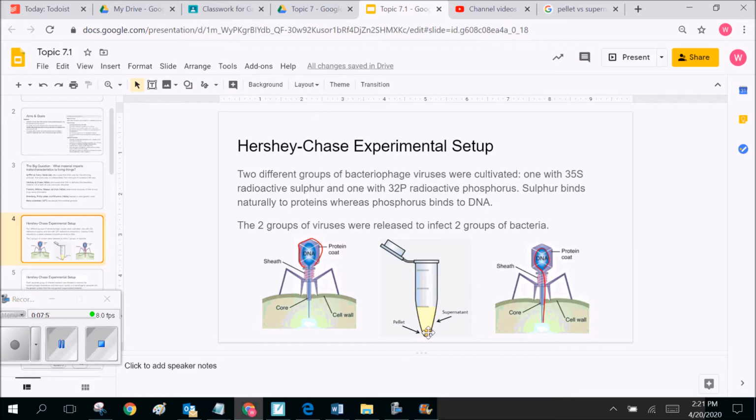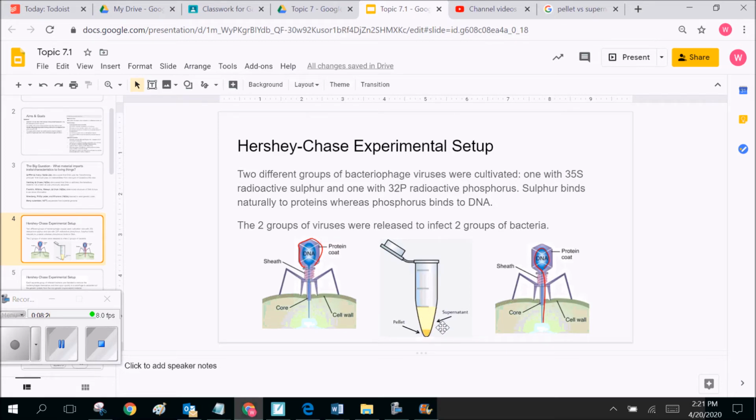All the infected bacteria cells collected at the bottom of the tube, and all the liquid containing the viruses and any other things that were outside of those cells, called the supernatant, was left outside. So the pellets are the bacterial cells that were infected, and the supernatant is all the discarded viruses and whatever else was on the surface of those cells.